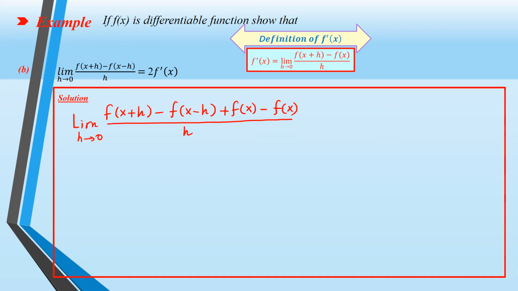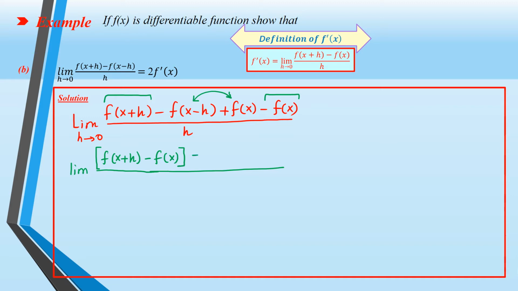Now you have to group f of x plus h with minus f of x, and group these two terms, and you will get the limit of f of x plus h minus f of x minus f of x minus h minus f of x divided by h when h goes to 0.